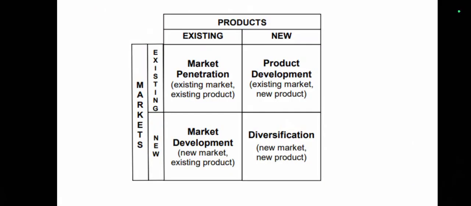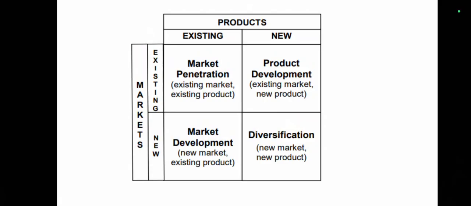Next one, this is the most important thing. In horizontal we can find products, in vertical we can find markets. Let's say for cool drinks, there is an existing market. Some cool drinks are already there in the existing market.